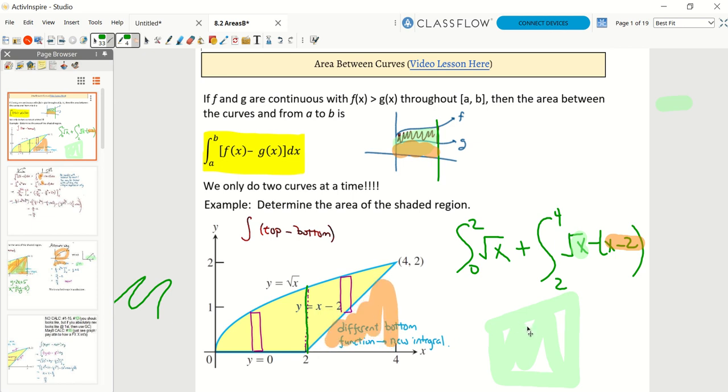So green minus orange gives you the yellow, which is what we're interested in. This right here is yellow on the right, and this right here is yellow on the left, and when we add them, we basically get the area of the whole yellow. Notice again that this is from 0 to 2 x values, and this right here is from 2 to 4 x values.